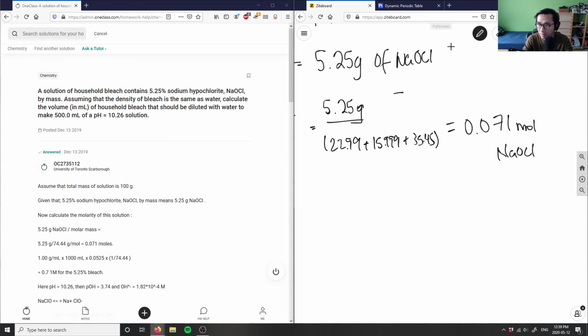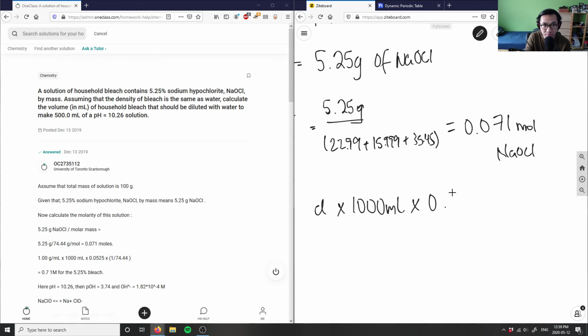So let me write this down here. Basically I'm multiplying the density by 1,000 milliliters to convert that into grams.